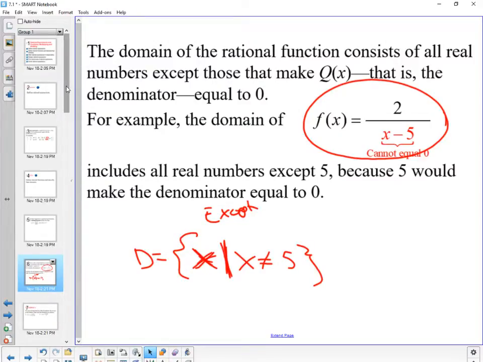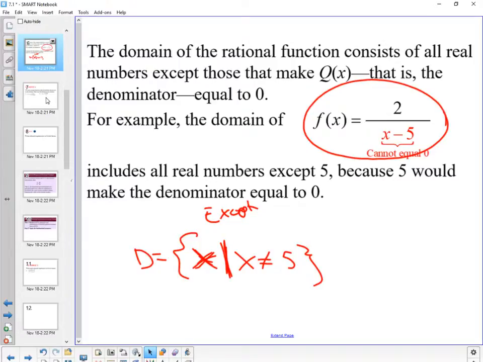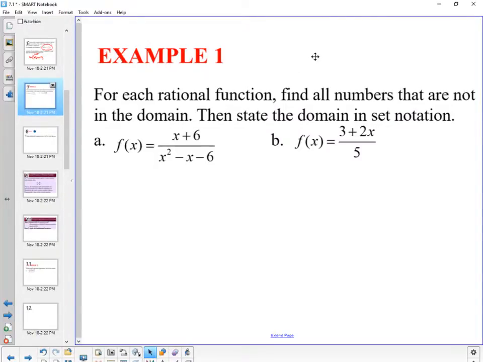All right. Can we get to business now? Anybody else still copying any of that? All right, cool. So, here's 2 examples. As I look at A, I'm not worried about the top because I can have 0 on top, but I can't have it in the denominator. It's hard to see what x I could put in there.